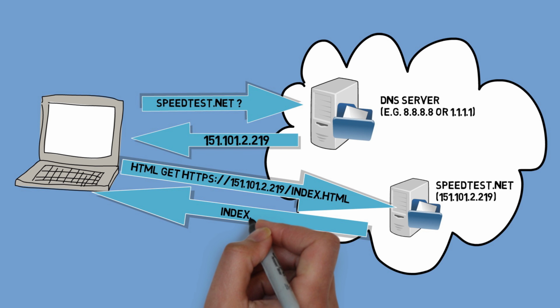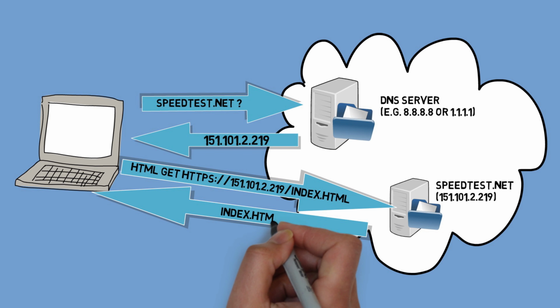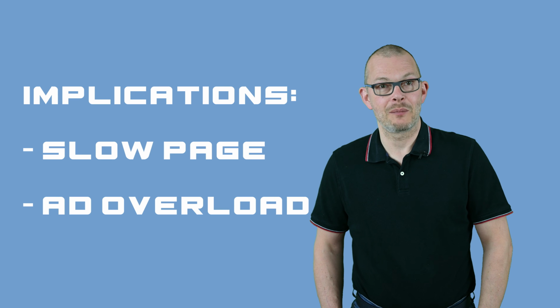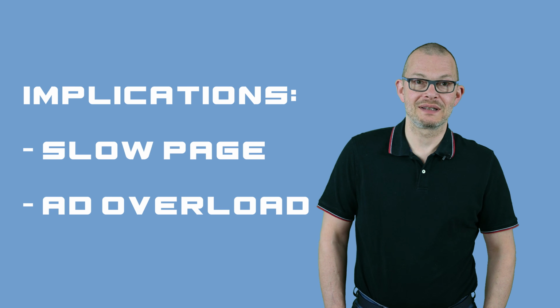Inside that document, there are usually many other references to other sites or elements, such as text or pictures. But at the same time, and that concerns the first use case, there are also commercial ad sites embedded. Your browser does the same with every single element in that page, looks it up in DNS, and then requests it.